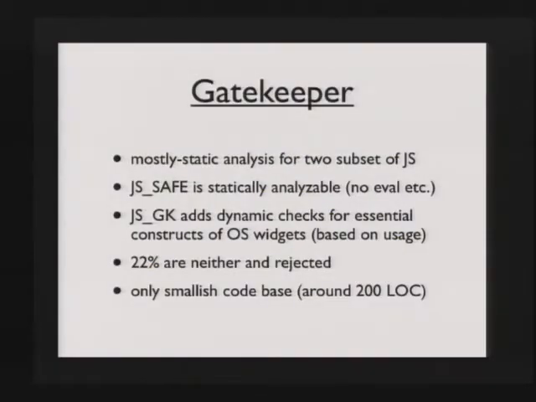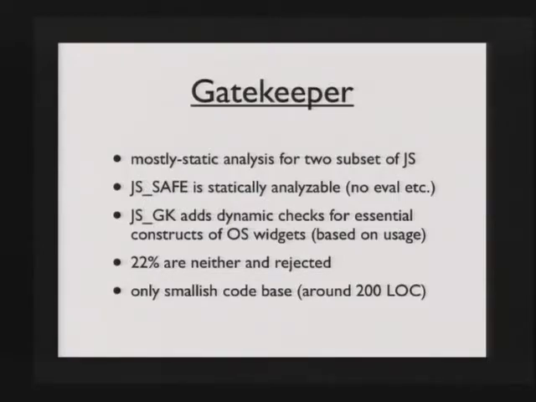But to be able to analyze more realistic scripts, they had to allow some constructs that are dynamic and are essential for the operating system widgets that they have been checking. And they did that based on the usage. So the most common constructs were added, other constructs were not added.